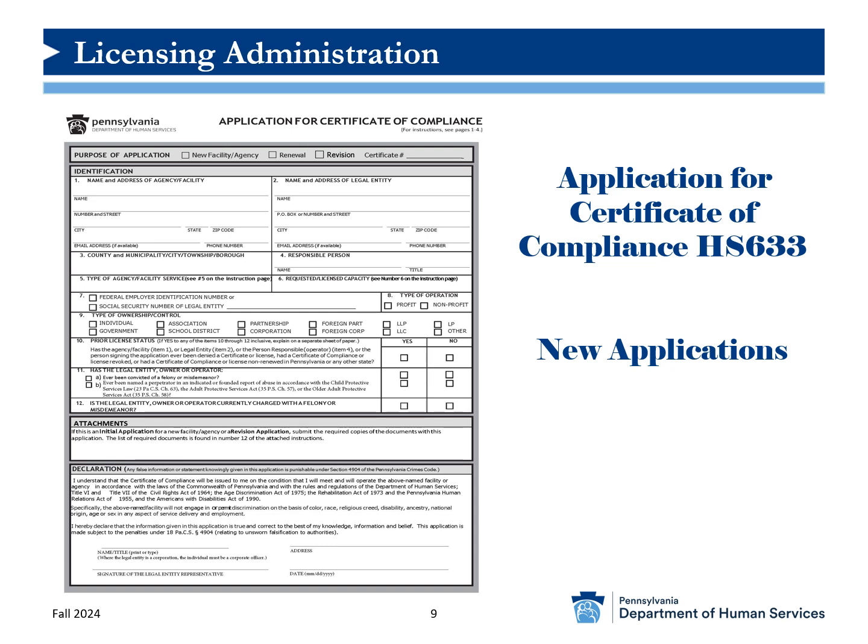As stated, we will be discussing new applications, and the form is the application for certificate of compliance, also known as the HS 633. This is what the form looks like. We will be detailing each field in the next few slides.